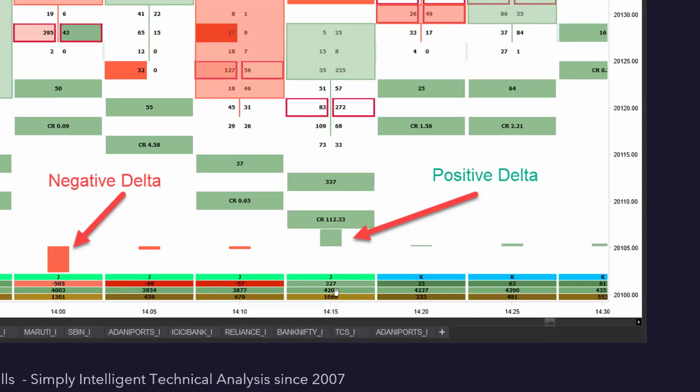In typical price action charts, we can only assume: maybe it is a doji, maybe it's a big candle, maybe buyers are dominating, maybe sellers are dominating. We can only assume. But when it comes to order flow, it's completely transparent. You don't need to assume anything. You can visually see what is literally happening at the ground level: what buyers are doing and what sellers are doing in each and every candle.